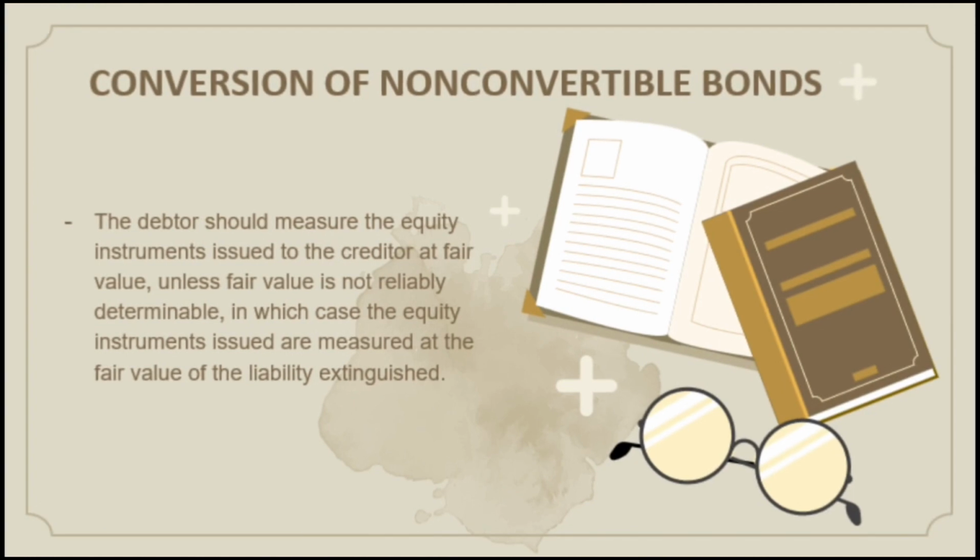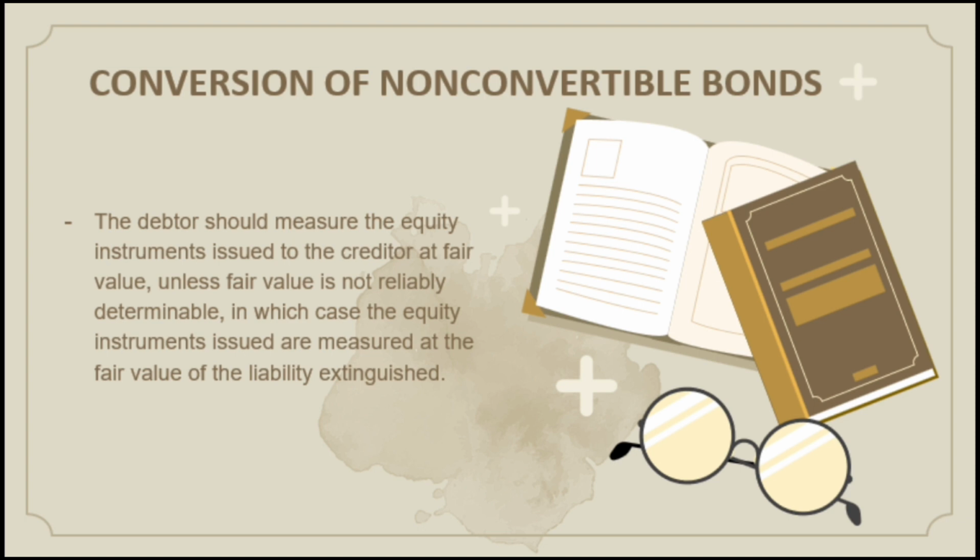Conversion of non-convertible bonds. When a debtor converts non-convertible bonds into equity instruments, the transaction falls under the scope of IFRIC 19. In such cases, the debtor should measure the equity instruments issued to the creditor at fair value unless fair value cannot be reliably determined.